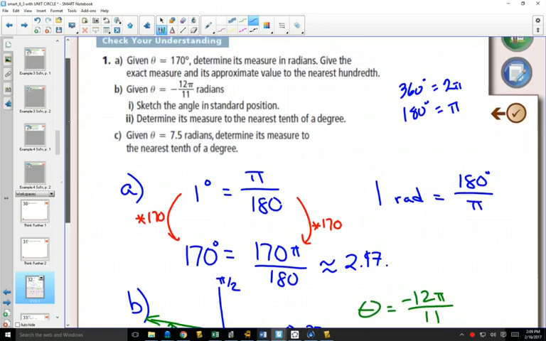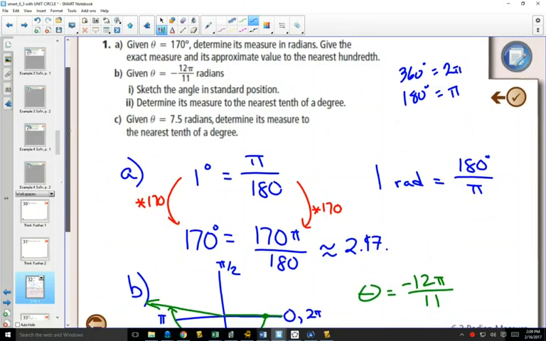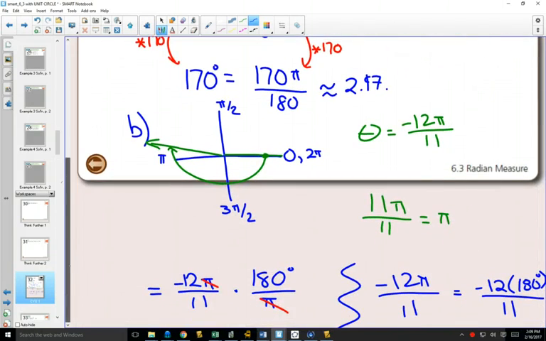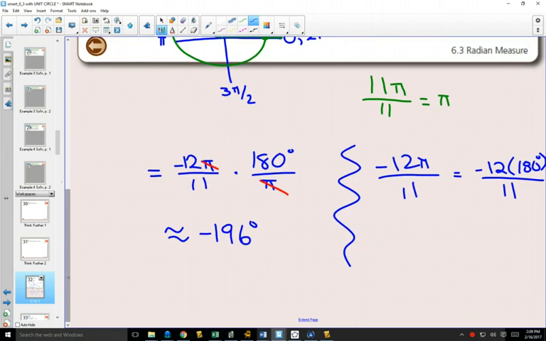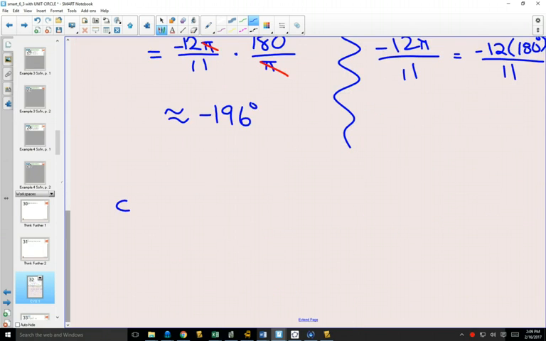Part C, given 7.5 radians, determine the measure to the nearest tenth of the degree. So we'll take our 7.5, we will multiply by 180 over pi.